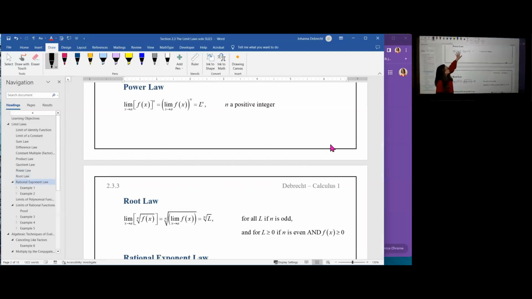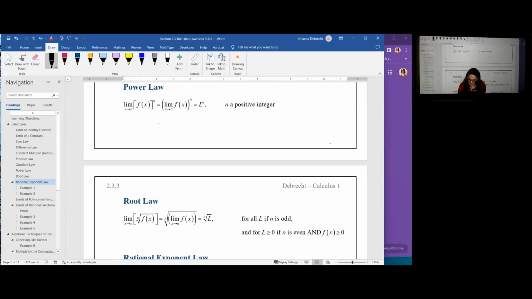The power law is also a very powerful one, which applies, of course, to limits, but not derivatives and not integrals. It says if I have a function raised to a power, I could pull the limit inside the power.